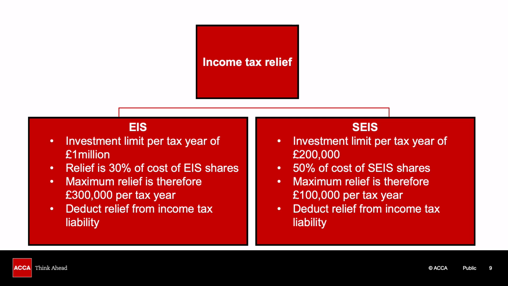For SEIS, that amount is 50% of the amount they spent on SEIS shares. There's a maximum investment of £200,000 in the tax year, so that means a maximum tax relief of £100,000 in a tax year.